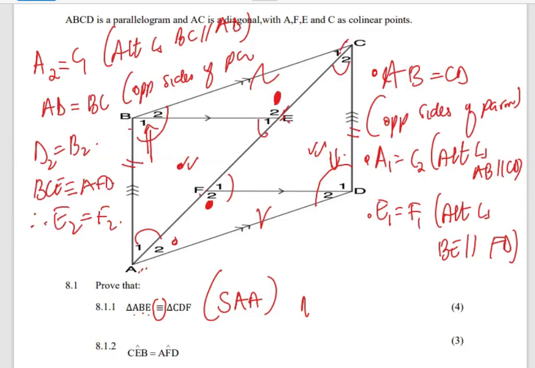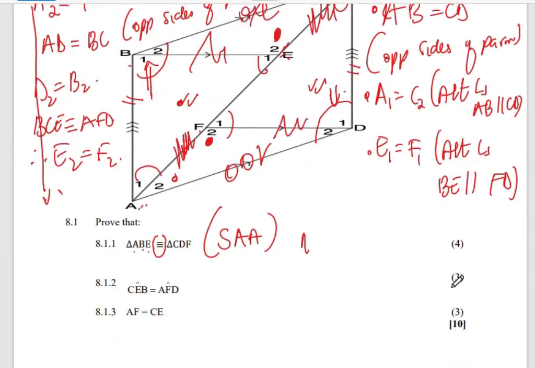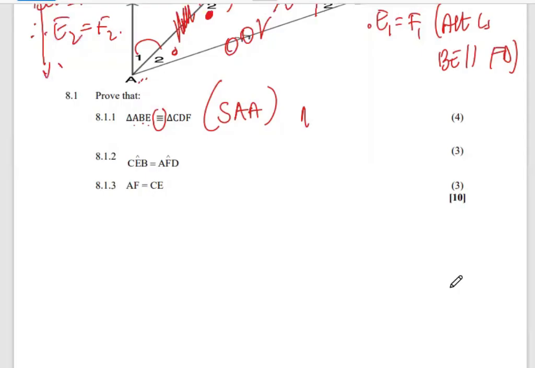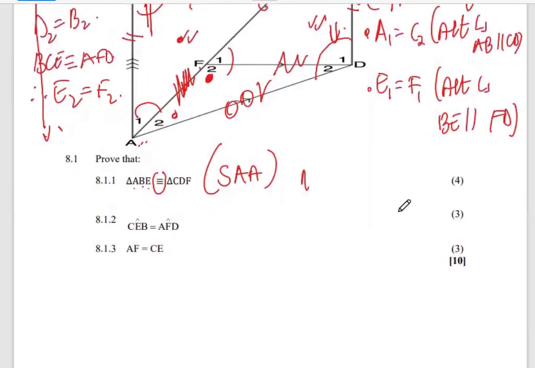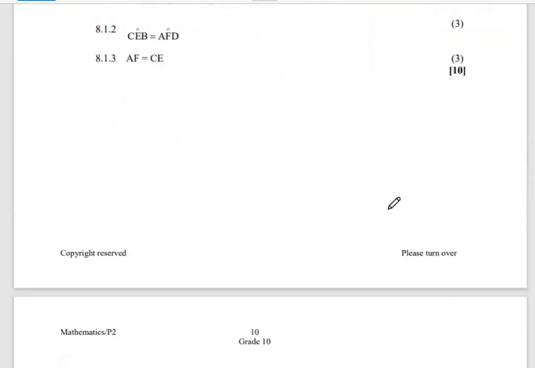Okay, so I'm just going to use the same sort of approach, that these two triangles are congruent, meaning that this side must go hand in hand with that side, and then this side goes hand in hand with that side, and then this one here goes hand in hand with that. And then we are done with proving that those two sides are equal. So the process is just more or less the same thing. Prove that the triangles are congruent, and then do comparison of the sides based on the angles.